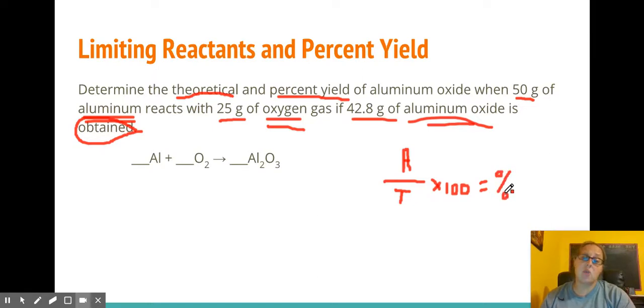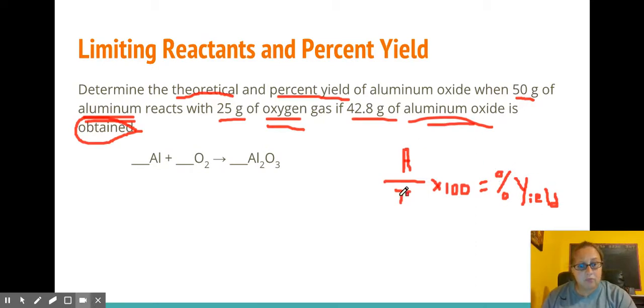So if I'm working this experimentally, then whatever I find experimentally, the grams of the aluminum oxide, will be my actual yield. My theoretical yield is what I calculate, and we talked about that just a second ago. If I multiply by 100, that will give me my percent yield.